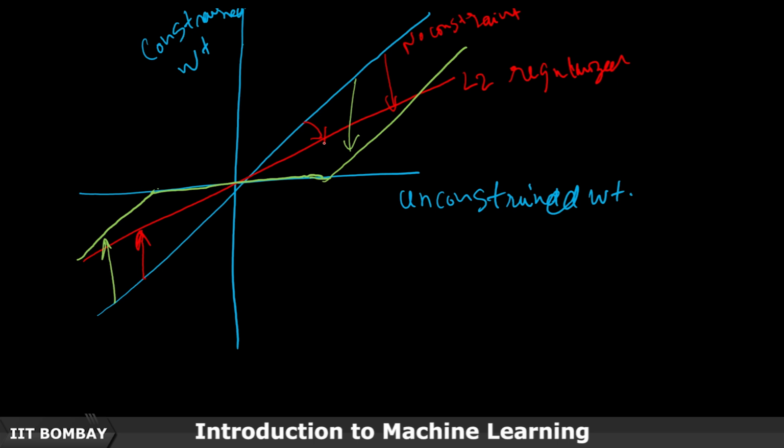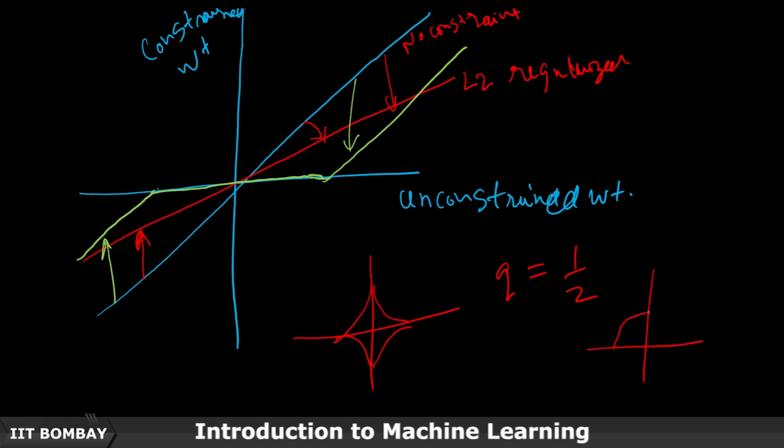We can also try other forms of regularization where, let's say, q is equal to half. I will leave that as an exercise: the contours will be something like a square but squished in. If q is equal to 3, then instead of a circle we will get a rounded circle that is pushed out a bit. When you have q equal to infinity, you will get a contour like this.